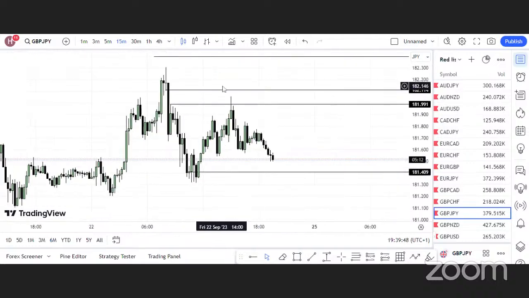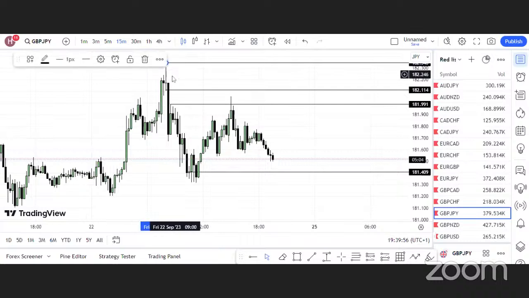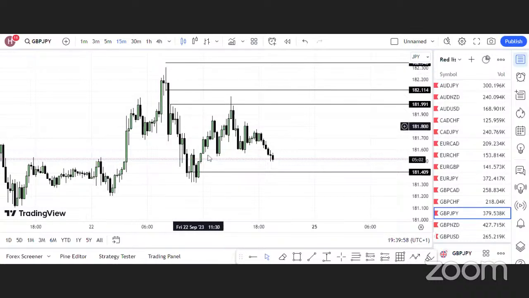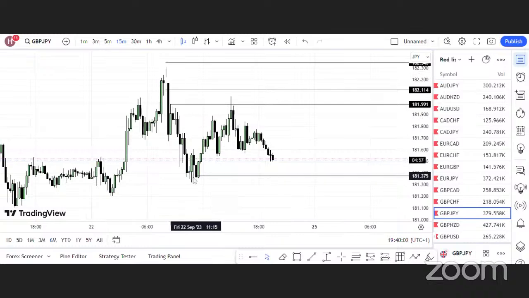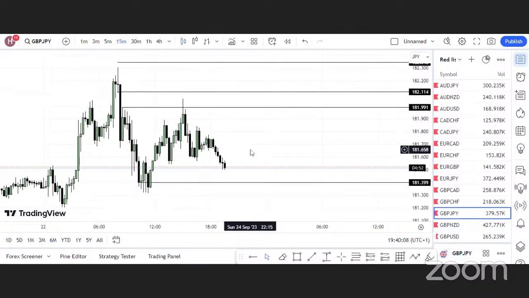You see how I set my stop loss and my take profit. My stop loss is right above my high, and my take profit is just before my low. That is how to set your take profit.